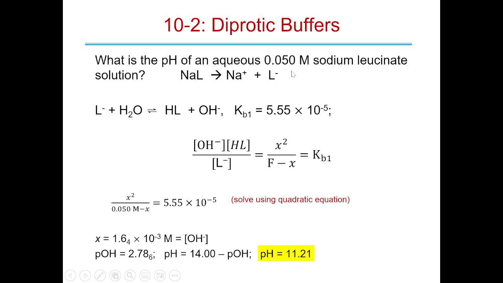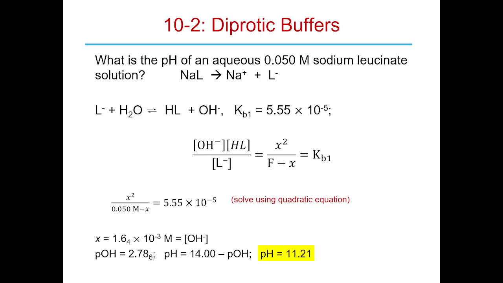Again, you then need to solve. In this case, we have 0.05 molarity for our F. The x's, of course, stay there. That's what we're solving for. And we have a Kb of 5.55 times 10 to the negative fifth. This Kb actually tells us we probably could assume this x right here, that we don't have to subtract that off, and we could probably get a good answer out of that.